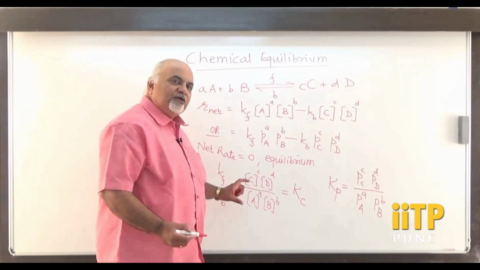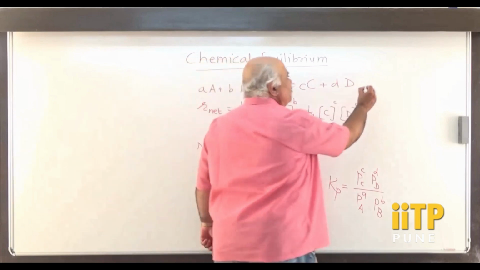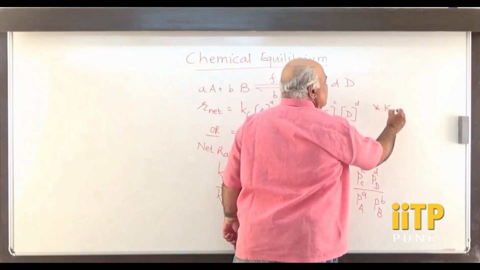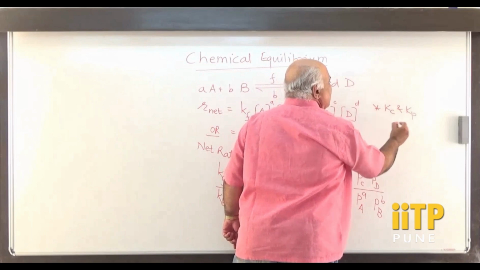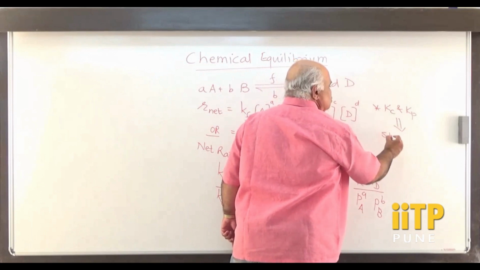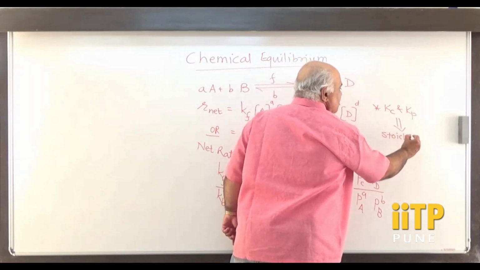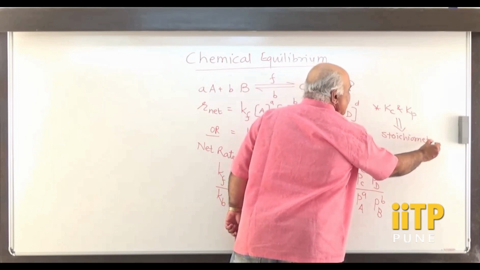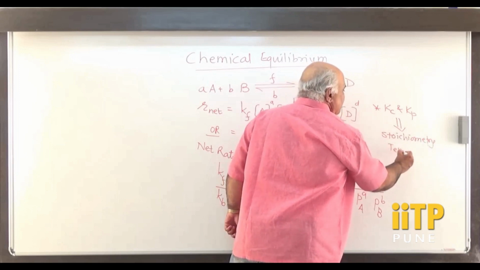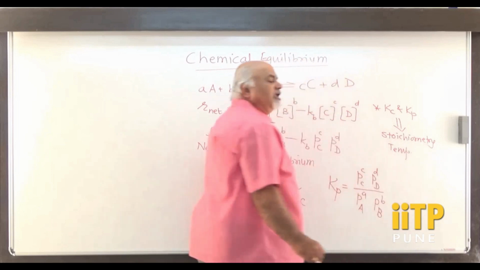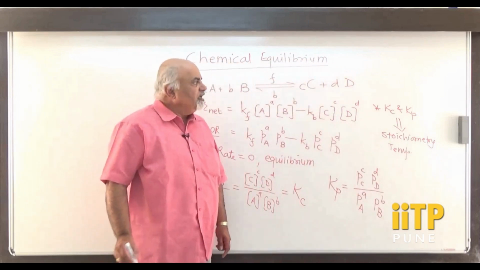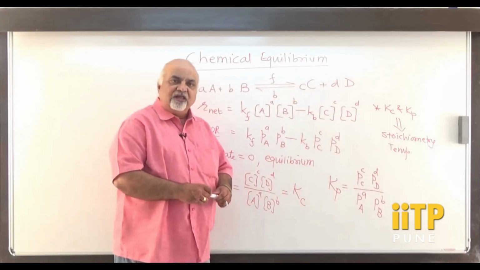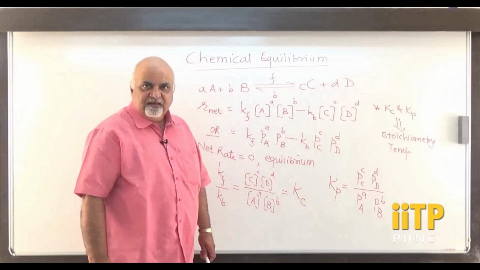Both are related to the rate constants, and a very important point to mention here is that both Kc and Kp depend on the stoichiometry of the balanced chemical reaction, and temperature. These are the two factors deciding the equilibrium constant of the given reaction.